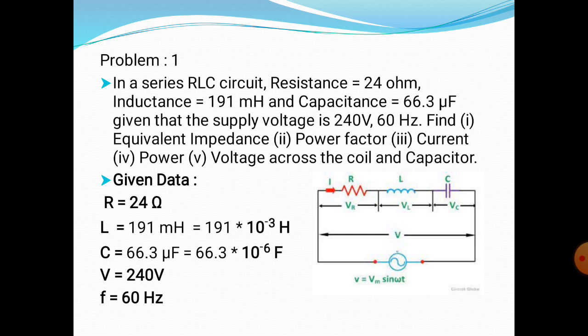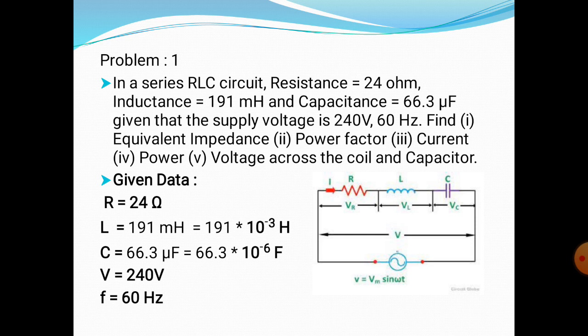In this problem, the RLC elements are connected in series, so we draw the diagram. The given data: resistance R is equal to 24 ohm.